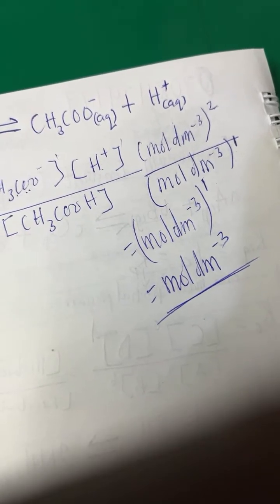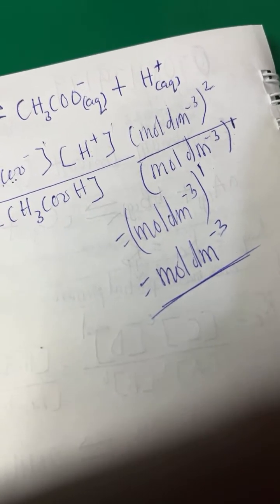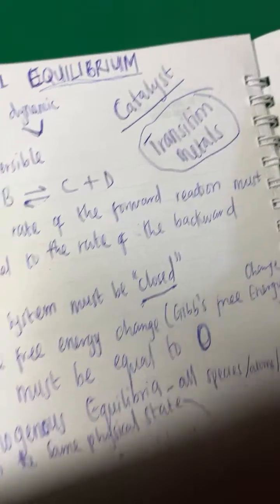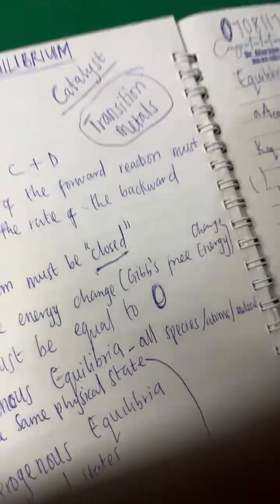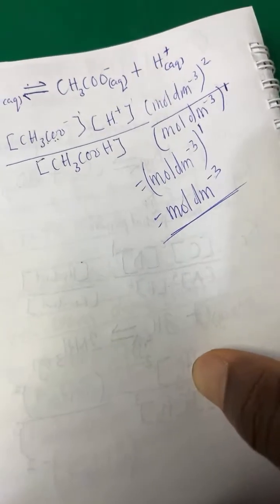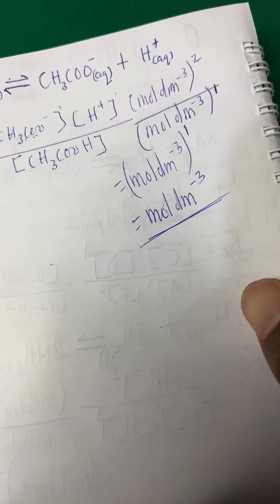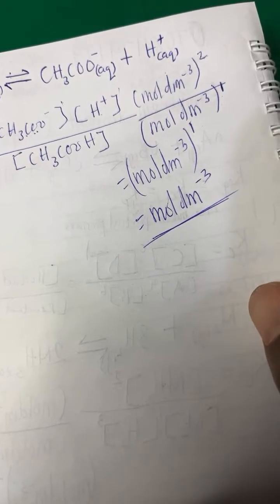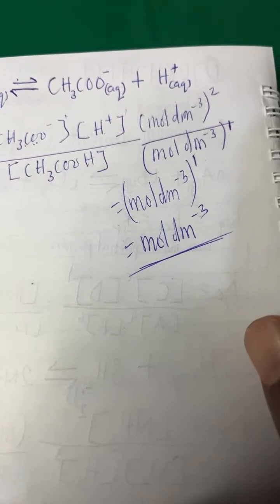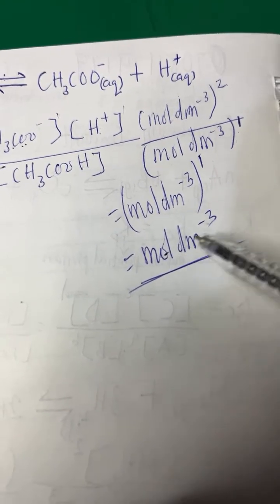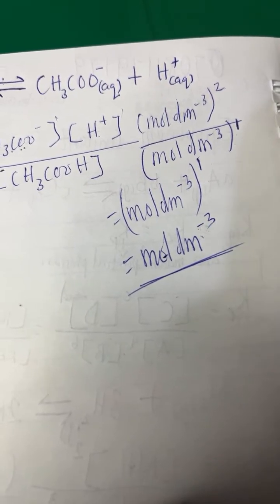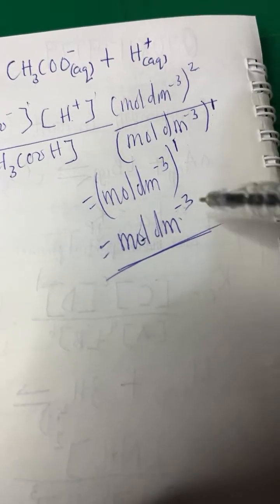So where do you see minus 3? Where is this person asking? Okay, I think the person was asking where the minus 3 came from. It's from this place. Moles per dm cube: this per is the minus.